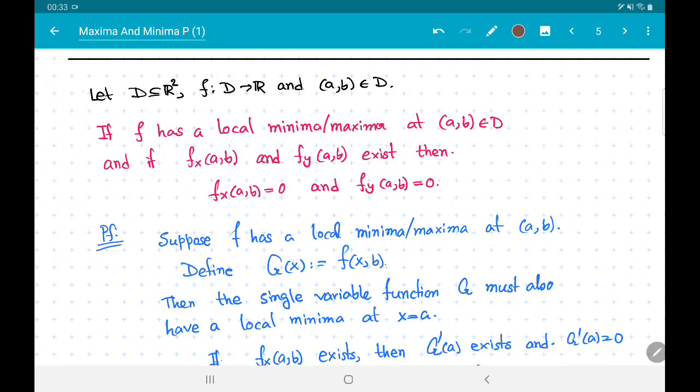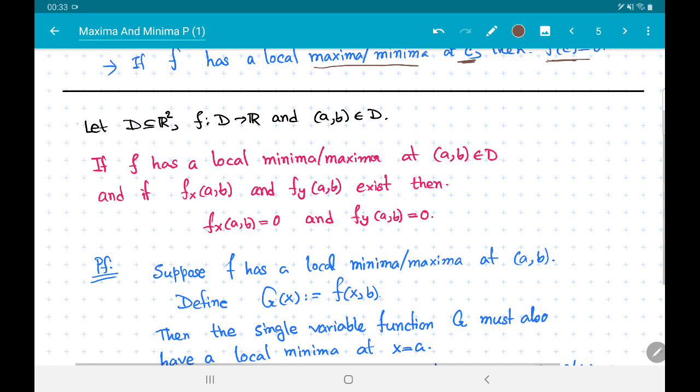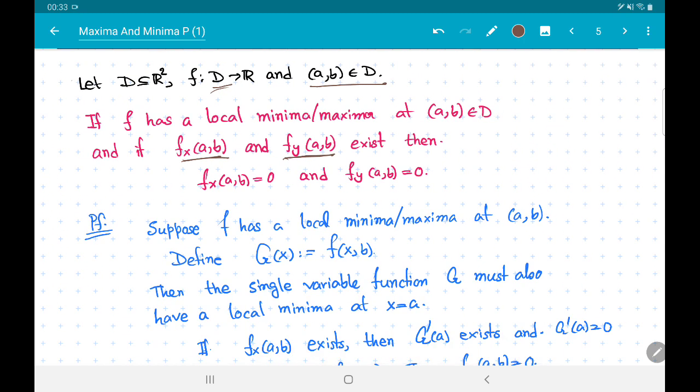So suppose that D is a subset of R2, f is a real valued function on D, and (a, b) is a point in D. So the result says that if f has a local maxima or a local minima at the point (a, b), and if both the first order partial derivatives exist at the point (a, b), then both the first order partial derivatives vanish at the point (a, b).